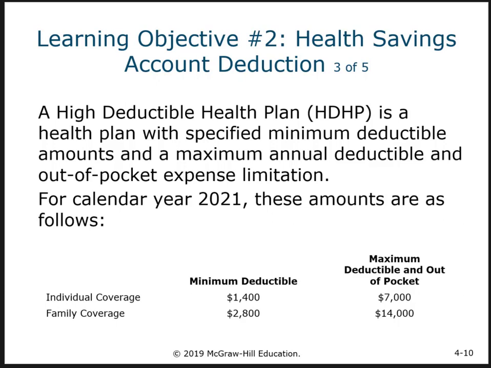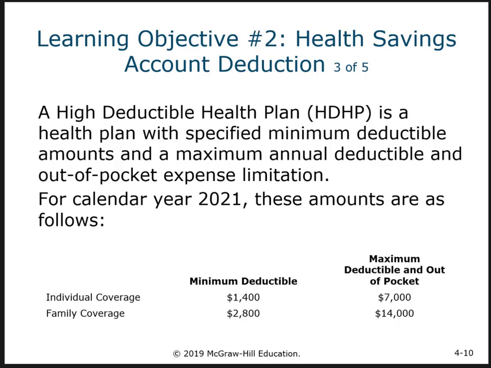And then you reach a maximum out of pocket, meaning at the point that you have paid this amount between the deductible and the co-pays, the percentage, then the insurance kicks in and pays 100%.